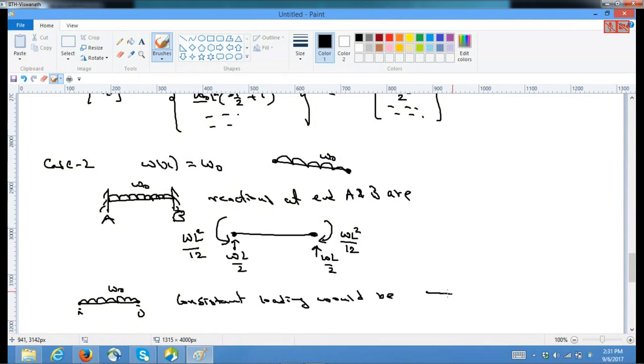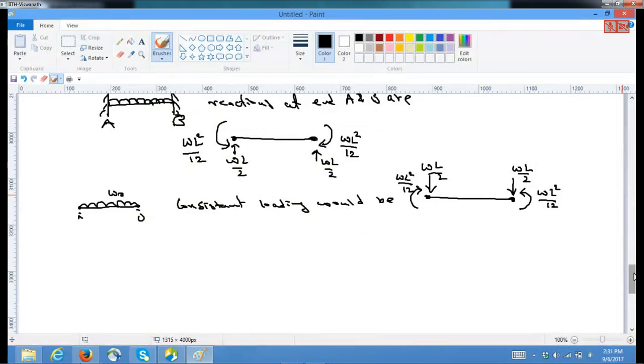That is, it is equal to a load of WL by 2, WL by 2, which is opposite to the reaction forces which I solved from this problem, and WL square by 12 and WL square by 12.